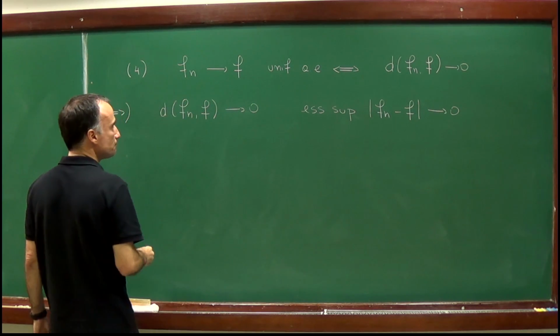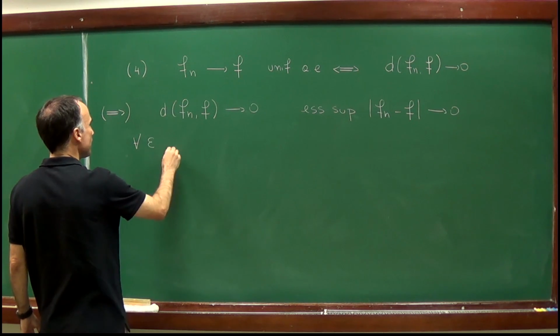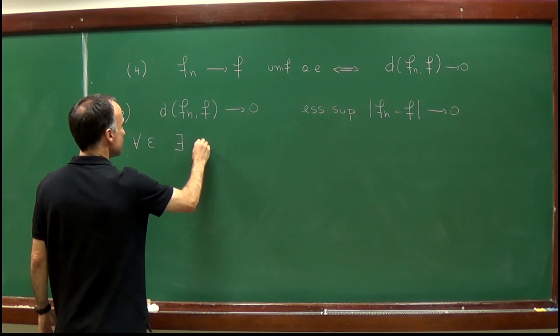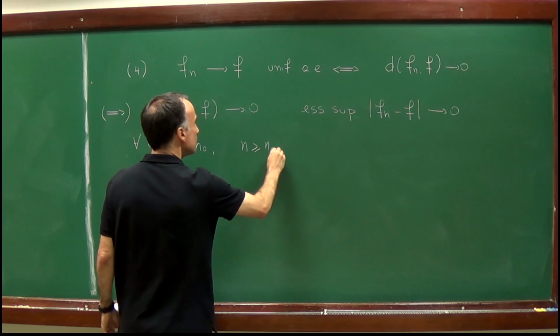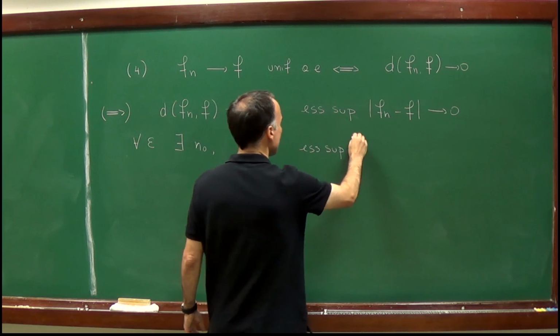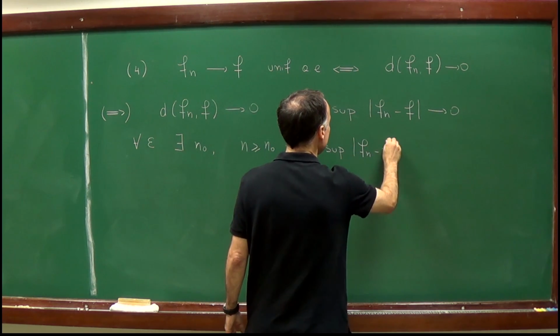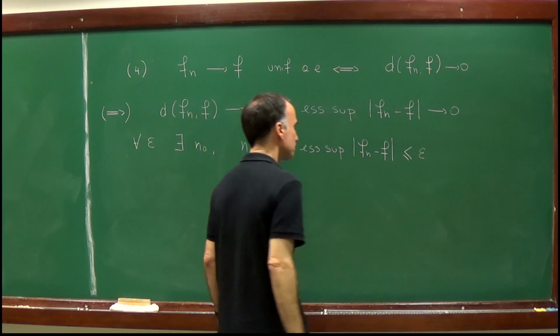Which means that for any epsilon, I can find n0 such that if n is larger than n0, then the essential supremum of Fn minus f is less than epsilon.